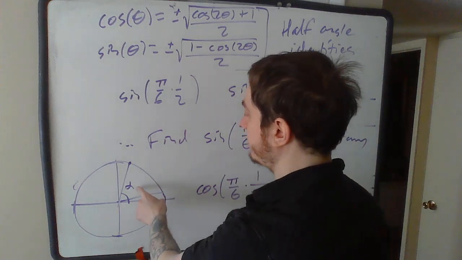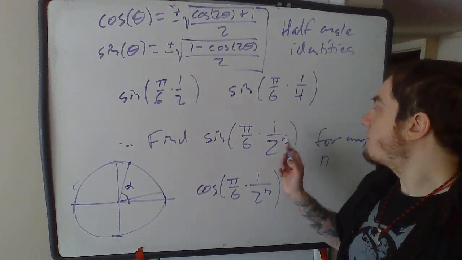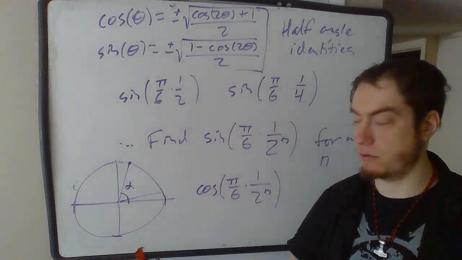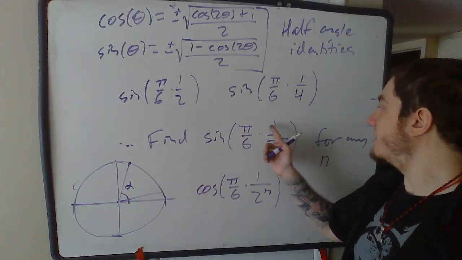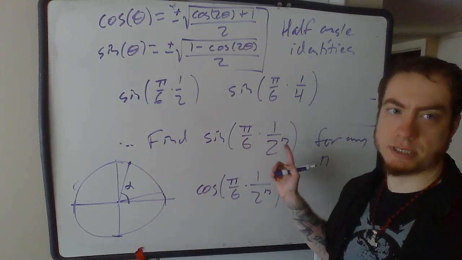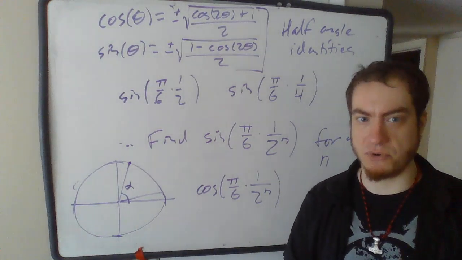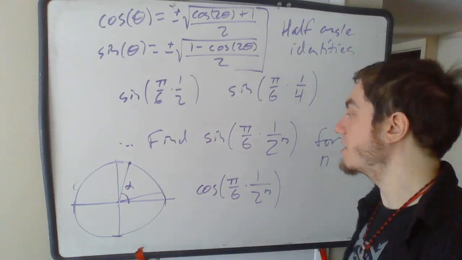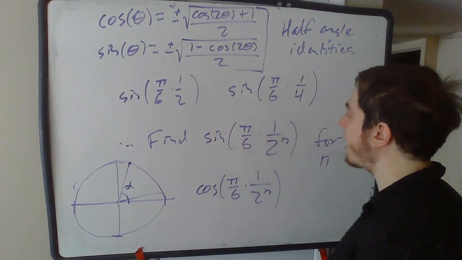Now, I can't necessarily write it exactly this way, but I can come up with some finite sequence of fractions that gets me close enough to this value of alpha by writing that angle as a sum of fractions like this. It's actually very similar to writing something out in binary, if you're familiar with that process in computer science. You're essentially coming up with a binary expression for alpha divided by pi over 6.